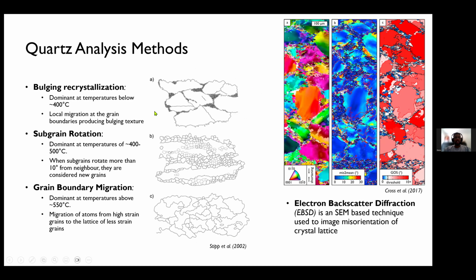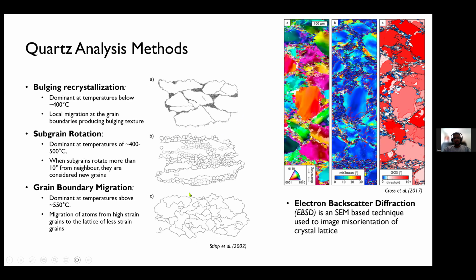And it generally produces a texture that looks something like this, where you have these little bulges, I guess, forming on the boundary of the quartz crystals. And these would be protruding into neighboring quartz crystals.